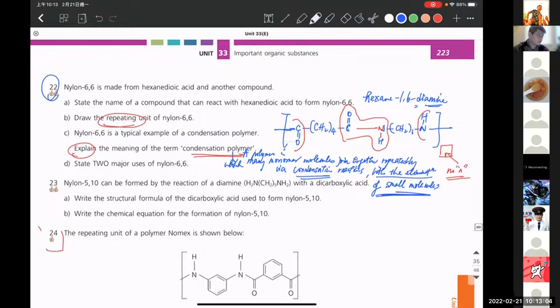Two major uses of nylon 66. Making what?